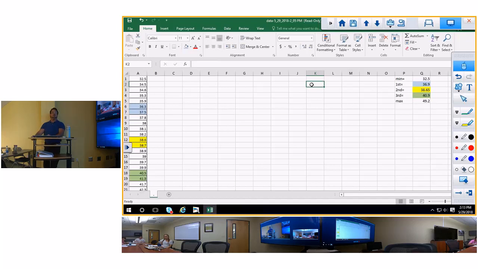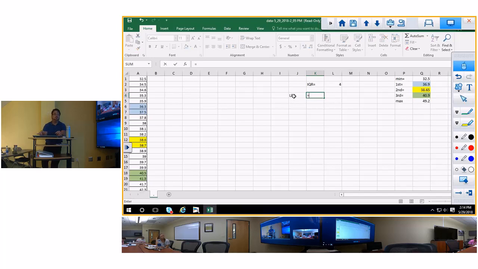What's the interquartile range? Q3 minus Q1, right? Interquartile range is equal to Q3 minus Q1. And then the lower fence is equal to, somebody tell me, is it the first quartile minus 1.5 times the interquartile range?